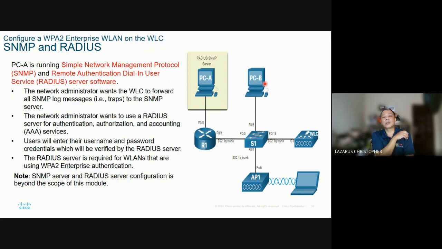So for authentication for WPA2 using a centralized Radius server, you have to create the user credential in your Radius server. Whenever a device tries to connect to your AP, the user needs to provide the credential.